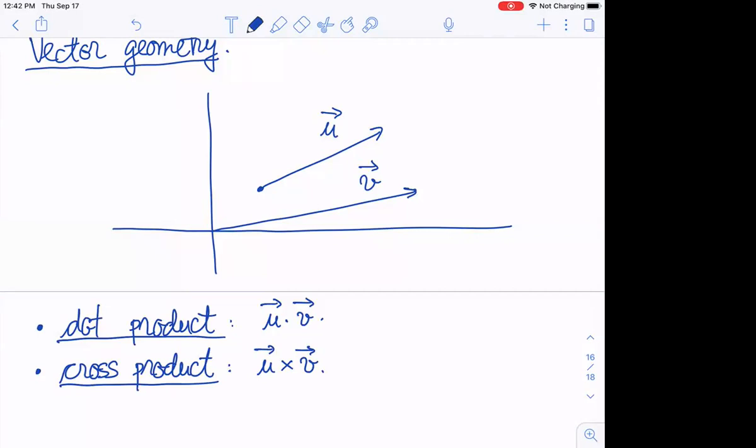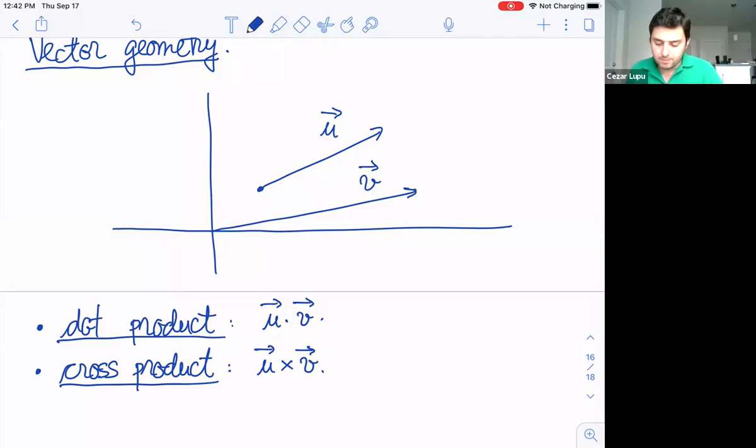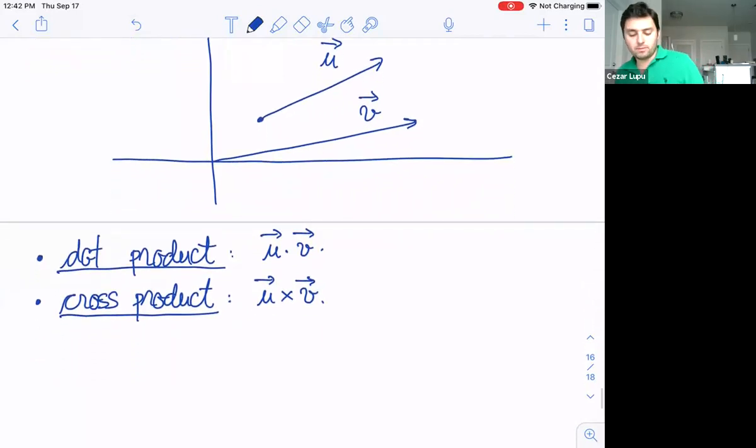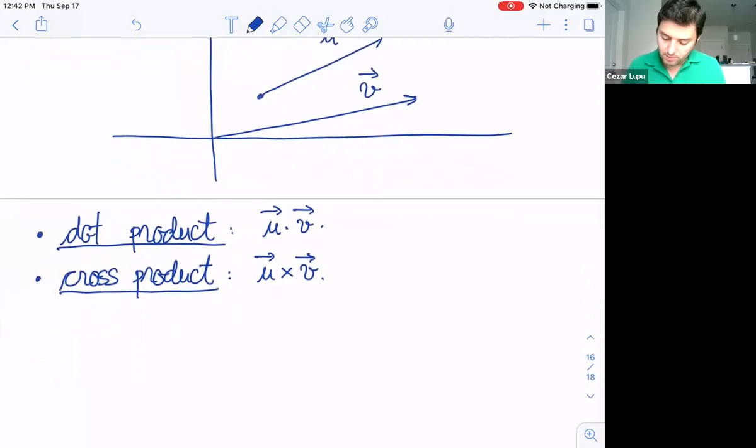All right, now let me define both of them at the same time, and you'll see there'll be a relationship between them, and then we will talk about their applications in geometry.